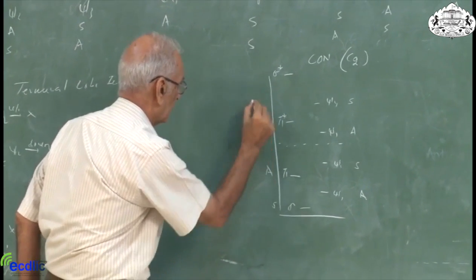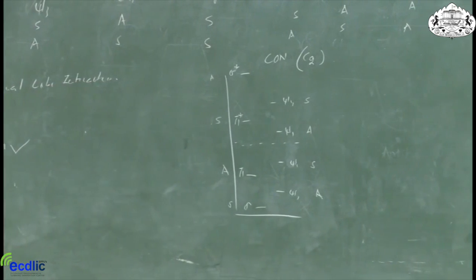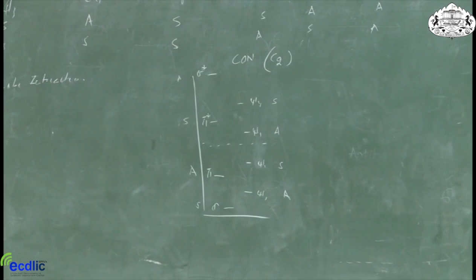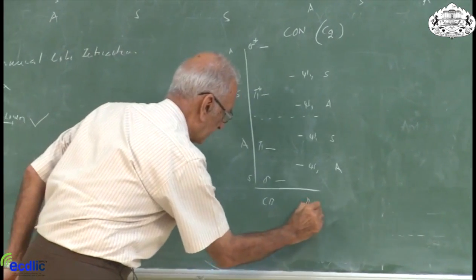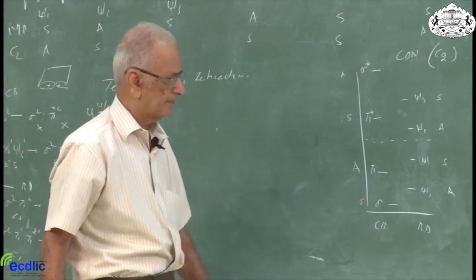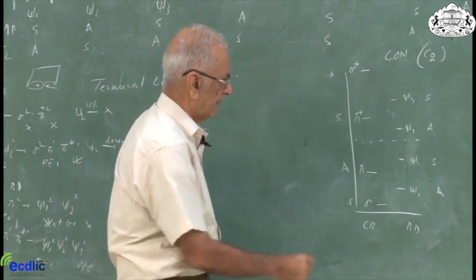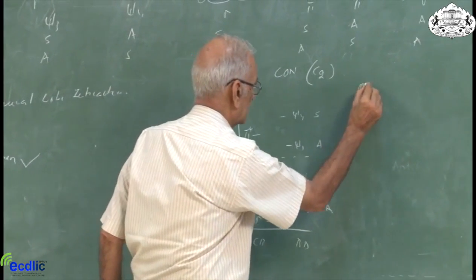Sigma is symmetric to both, sigma star is anti-symmetric to both. Cyclobutene going to butadiene. Sigma is symmetric, therefore, I can join it to psi 1 or psi 4.